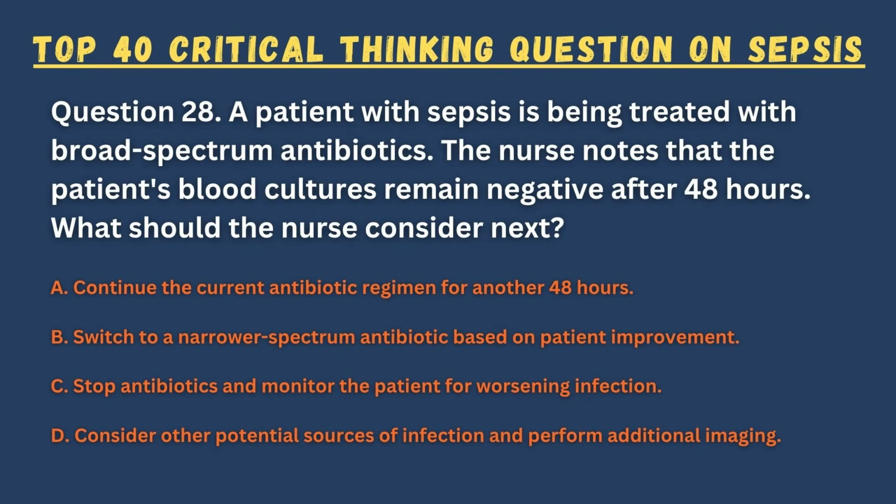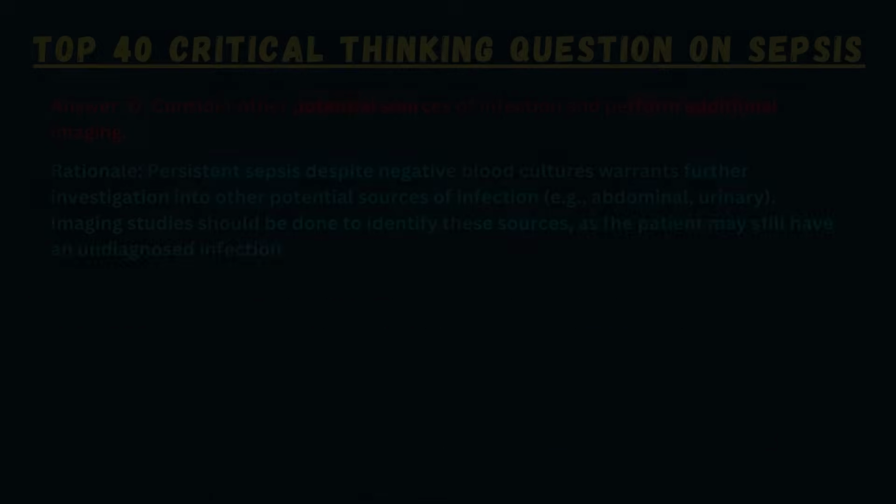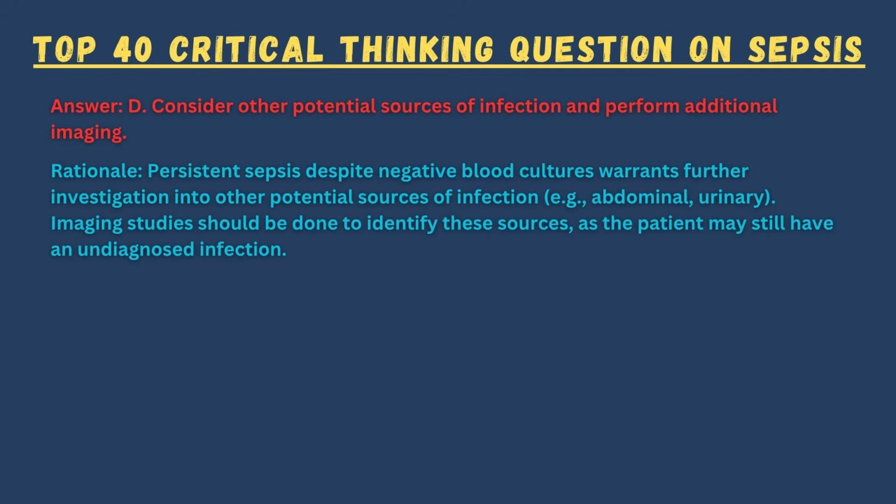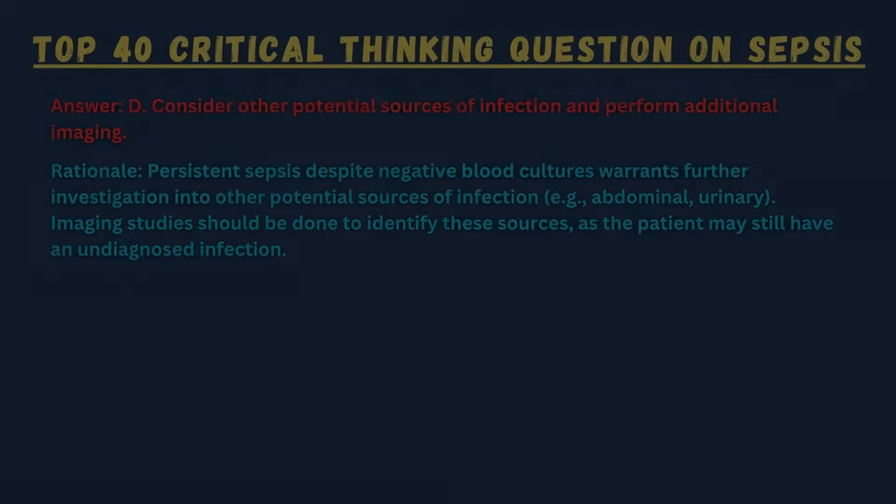D. Consider other potential sources of infection and perform additional imaging. Answer: D. Consider other potential sources of infection and perform additional imaging. Rationale: persistent sepsis despite negative blood cultures warrants further investigation into other potential sources of infection, for example, abdominal, urinary. Imaging studies should be done to identify these sources, as the patient may still have an undiagnosed infection.